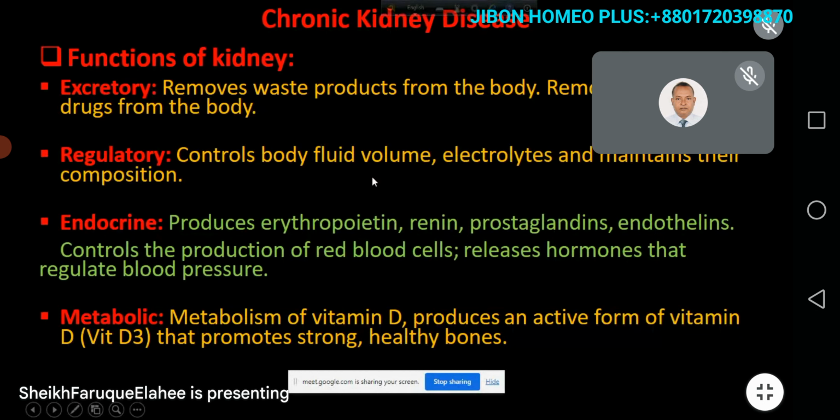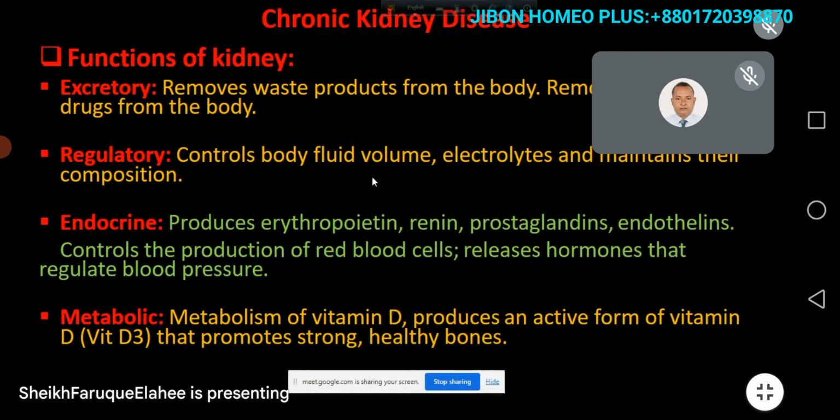You may ask how the fluid we take affects the blood. When we drink water, Pepsi, this and that, it is all absorbed from the stomach and intestine and goes to the blood directly, and it will increase the blood quantity.